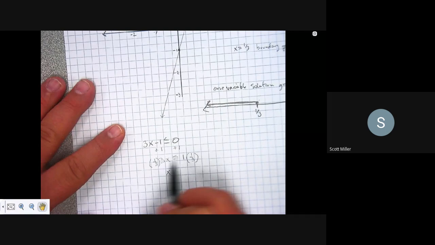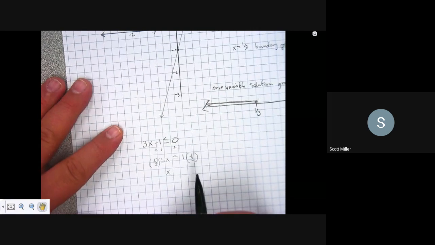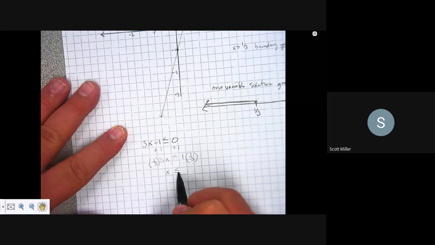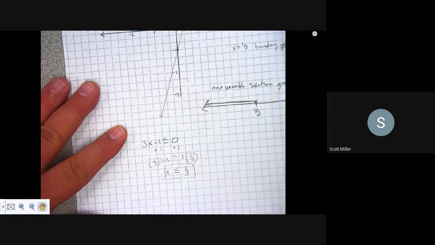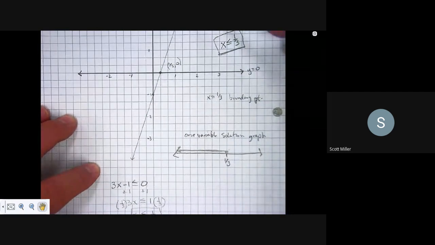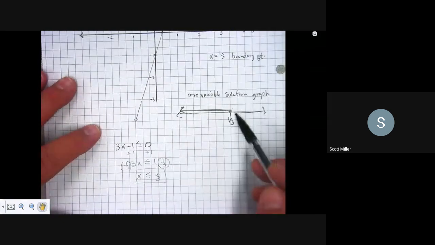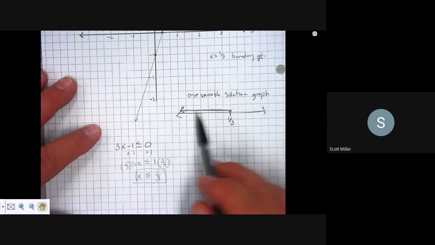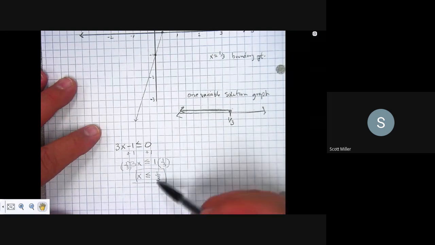I multiplied both sides by a number, but it is not a negative, so the inequality symbol still points in the same direction. And I get x is less than or equal to 1/3. And you can see that that is indeed confirming what we established up here. And so once you have this, you can draw your solution graph if you didn't already do so. So these two usually go together in that fashion.